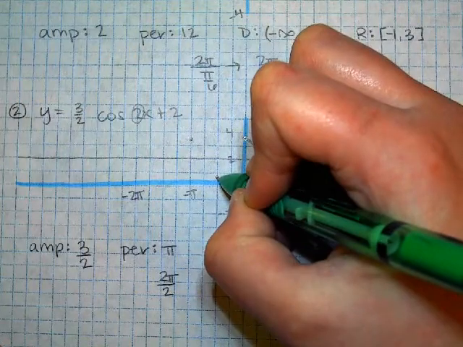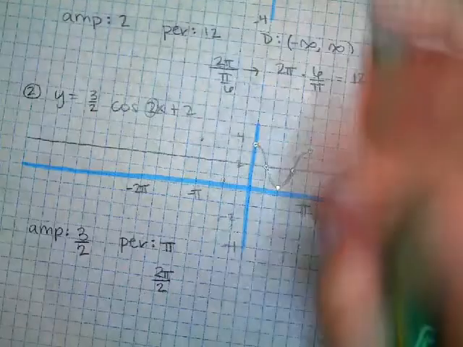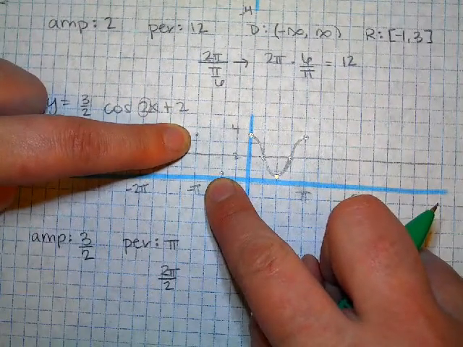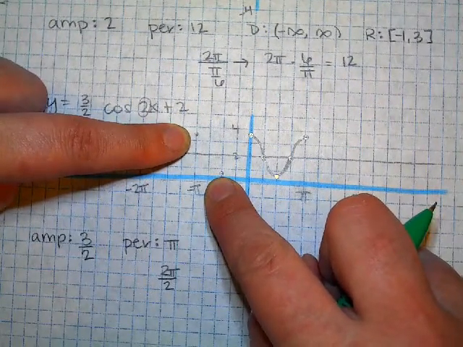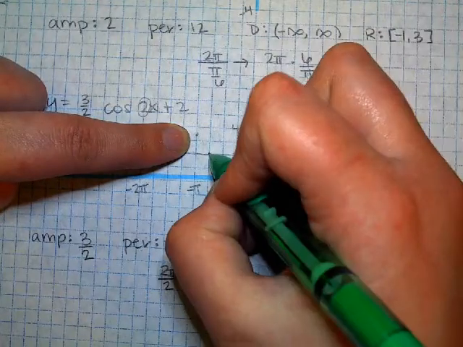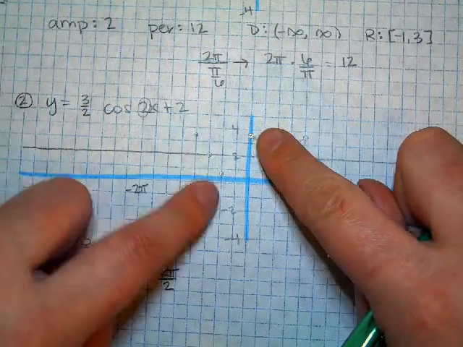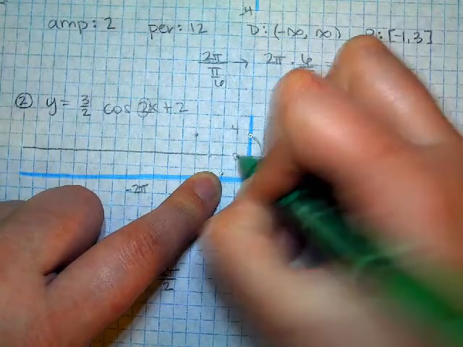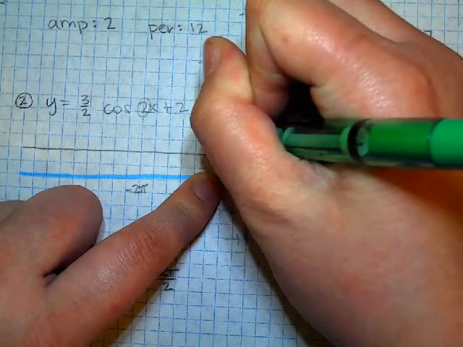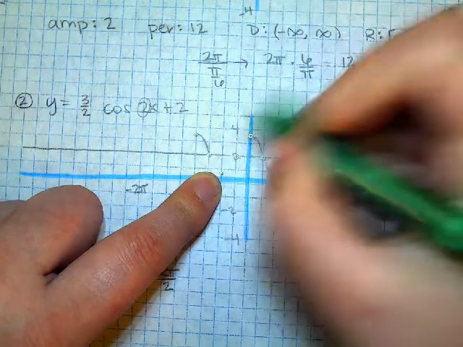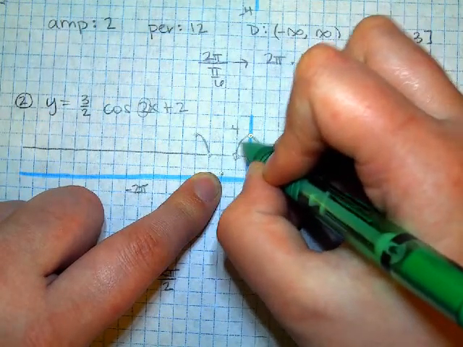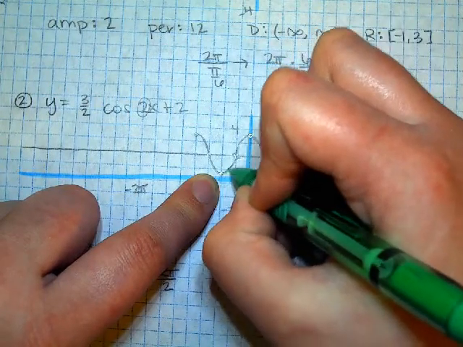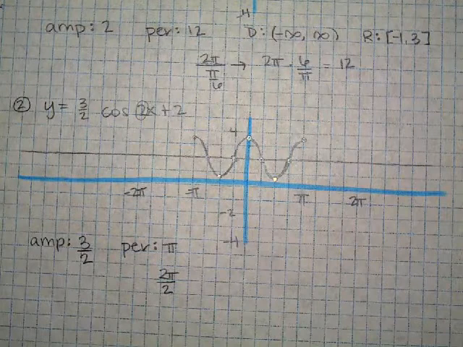Between these first 2 points, what should I do? Hit the middle. Between the second 2 points, what should I do? Hit the middle. Oh, so beautiful. So beautiful and symmetrical.